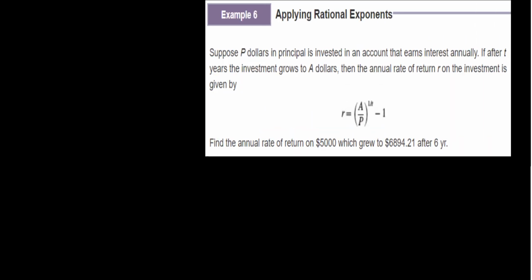Let's make that a lot larger. Yes, it's 1 over T. I should have just gone by context clues, because it says after T years. At first glance you don't see T anywhere in this formula, but it's the denominator of the rational exponent there.